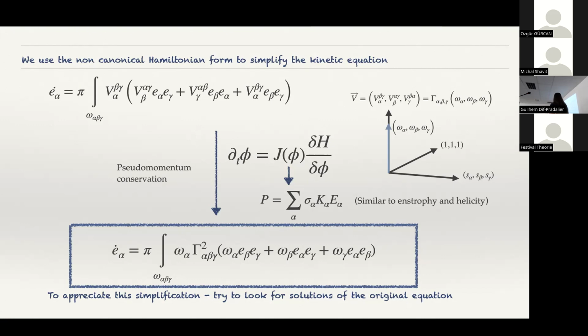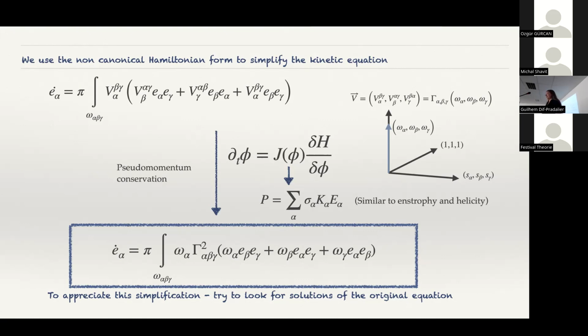So if you include all these descriptions, you will get that this 3-dimensional tensor on the resonant manifold is actually completely symmetric, and it really simplifies the problem and makes the kinetic equation much more compact and nice.